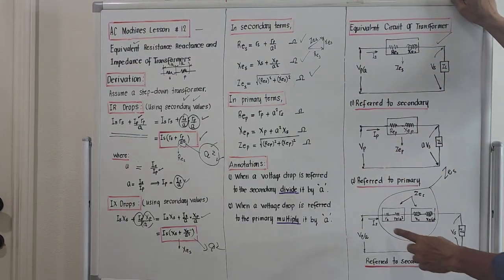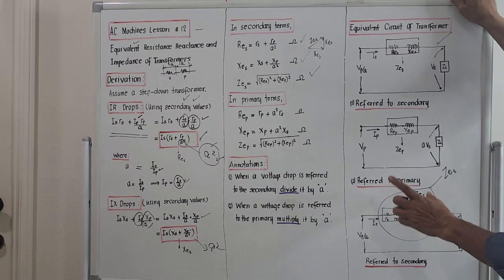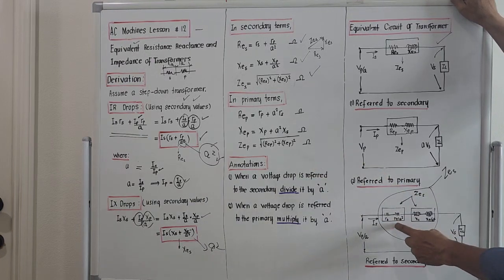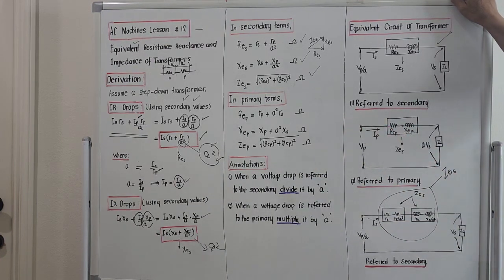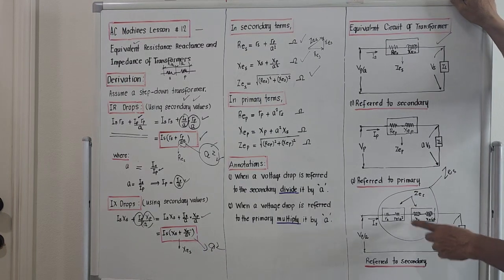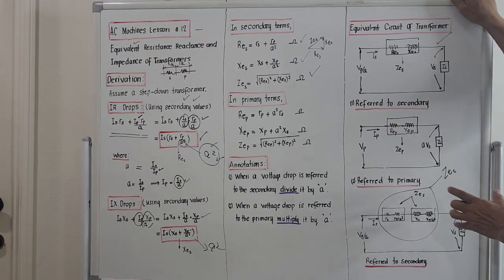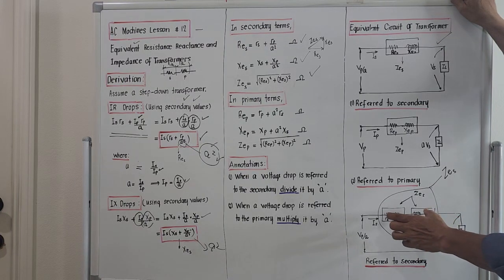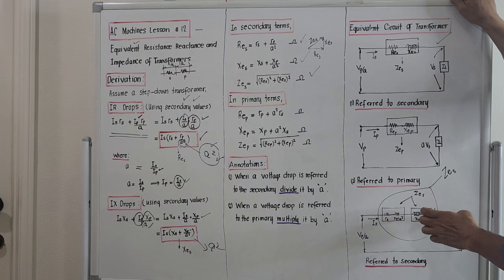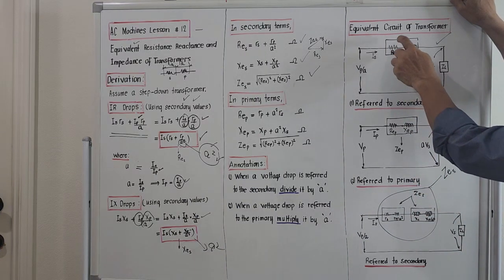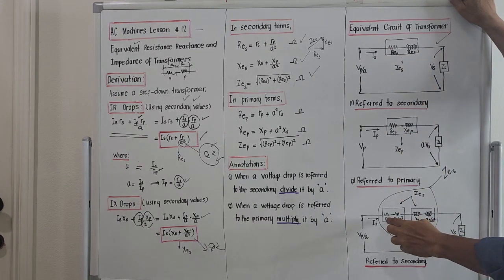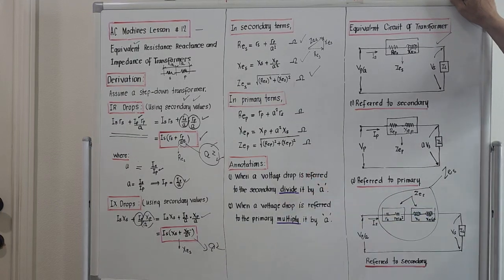That the resistance is actually the resistance on the secondary plus the equivalent resistance of the primary referred to the secondary. And the reactance is also two. It is XS plus the equivalent reactance of the primary referred to the secondary, that is XP over A squared. So these four parameters inside will now just be designated as Z, but we know that RES is actually the resistance on the secondary plus the resistance on the primary referred to the secondary.